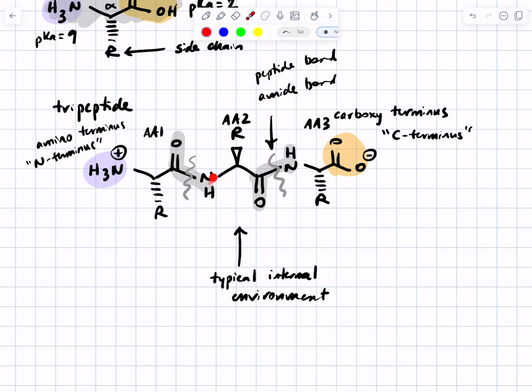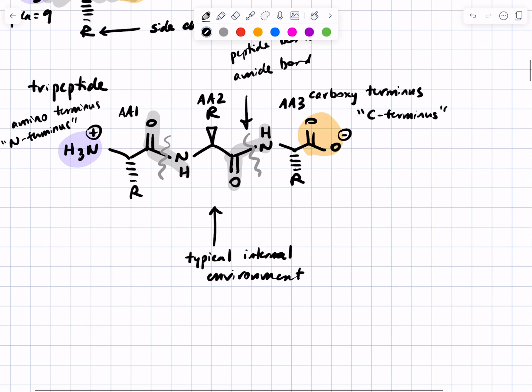In other words, this nitrogen, this alpha carbon, and this carbonyl carbon all belong to the same amino acid. And there's an old term, I'm not necessarily sure where it comes from, but any individual amino acid subunit of a peptide is sometimes called a residue.